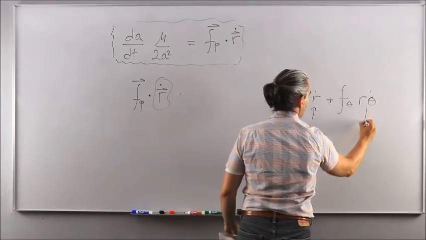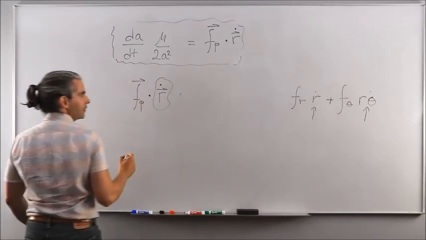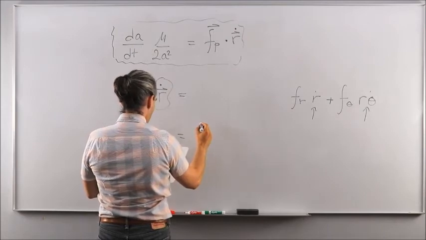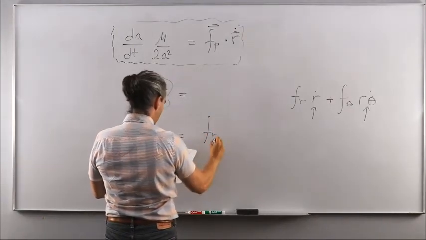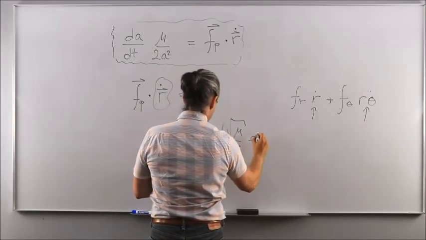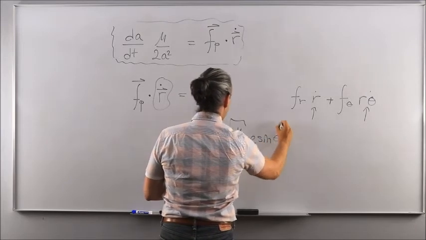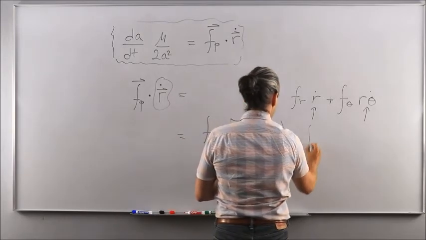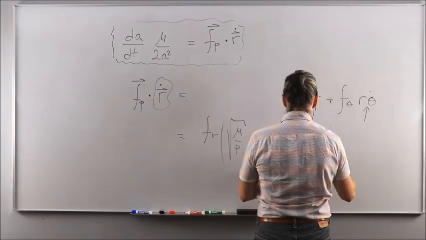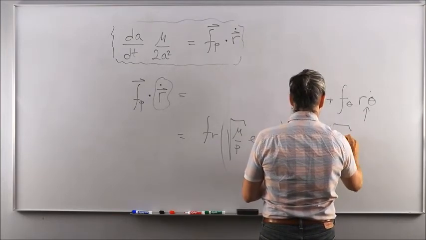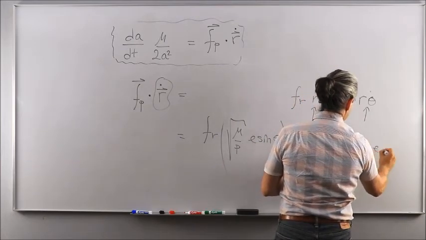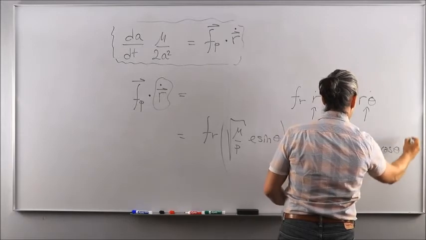Yes, we do, from chapter 2 actually. Such that we can write that this is equal to r dot times f_r. r dot was square root of mu over p times eccentricity times sine theta, plus f_theta times r theta dot, in terms of magnitude, was equal to square root of mu over p times 1 plus e cos theta, like that.